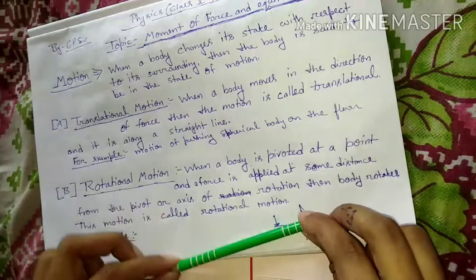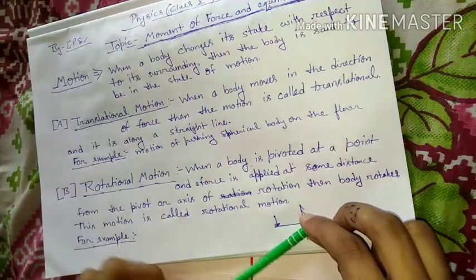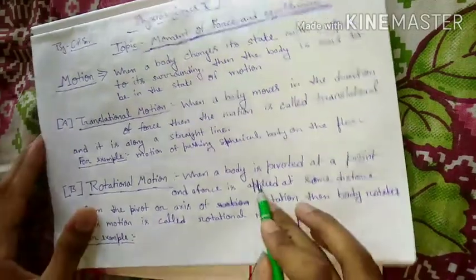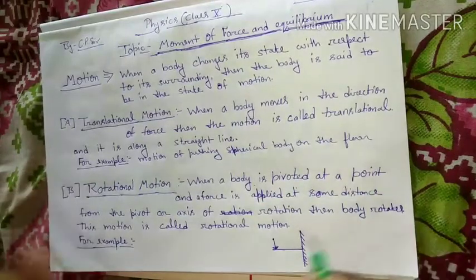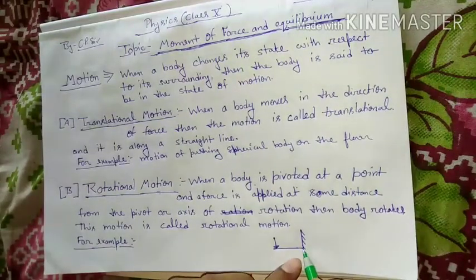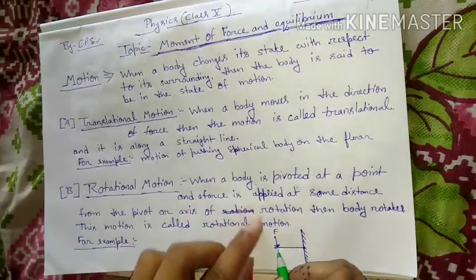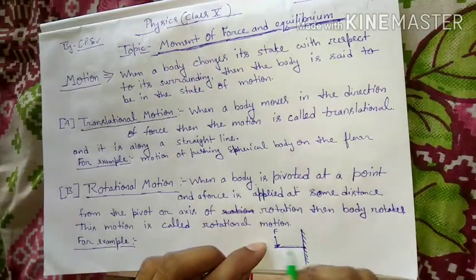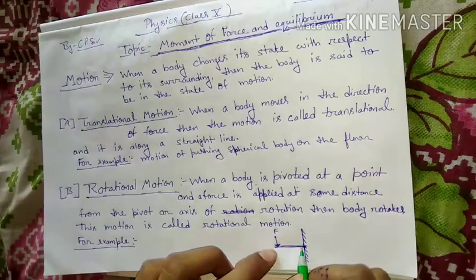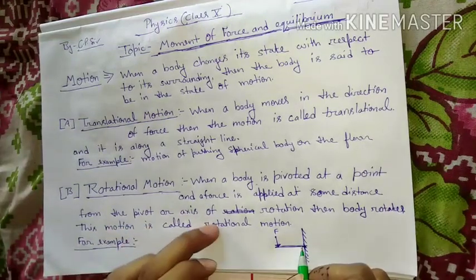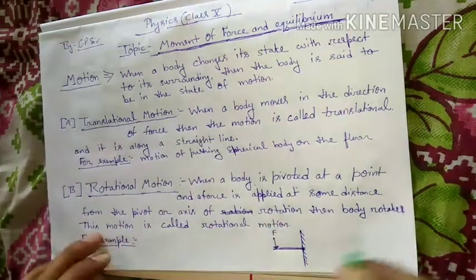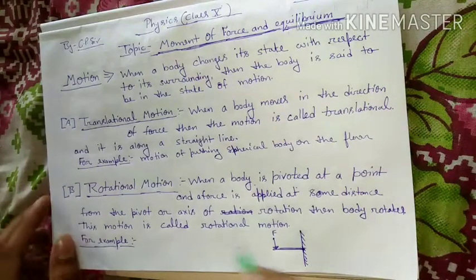This motion of the iron nail is known as rotational motion. Means when a body is pivoted at a point and the force is applied at some distance from the pivot or axis of rotation, then the body rotates, and this motion is called rotational motion.